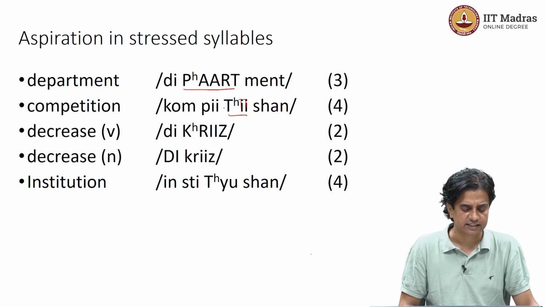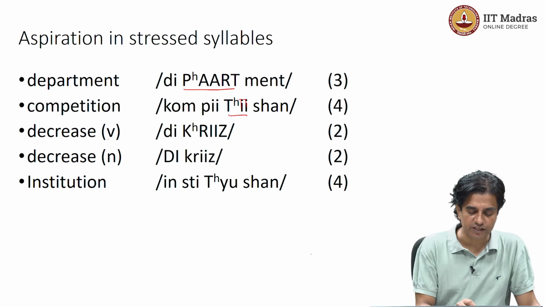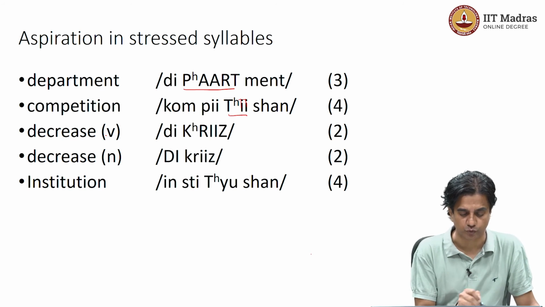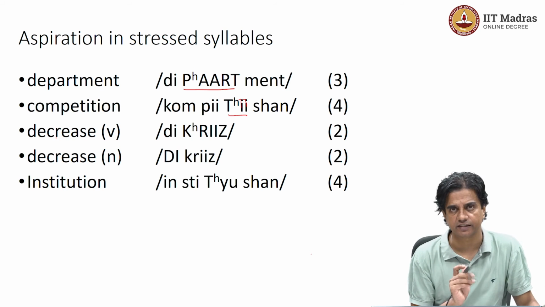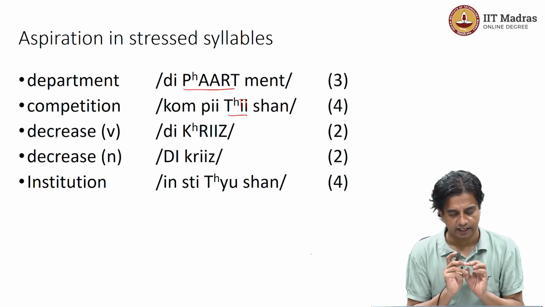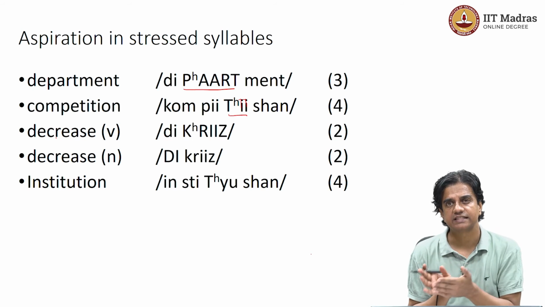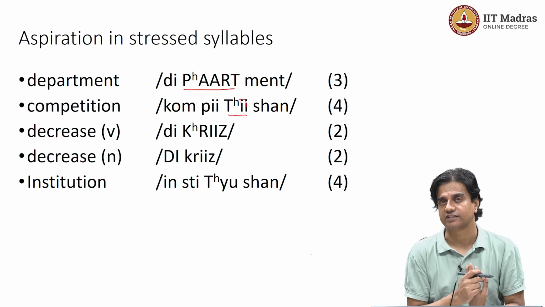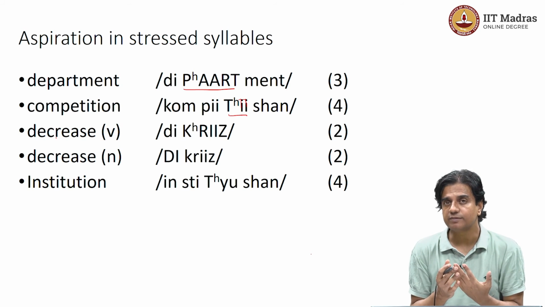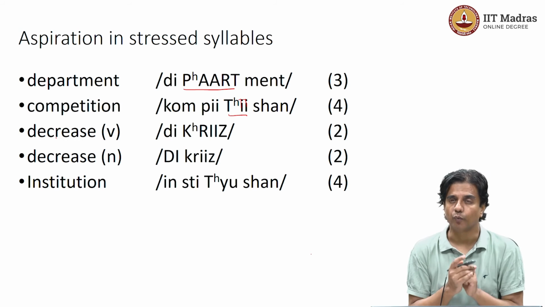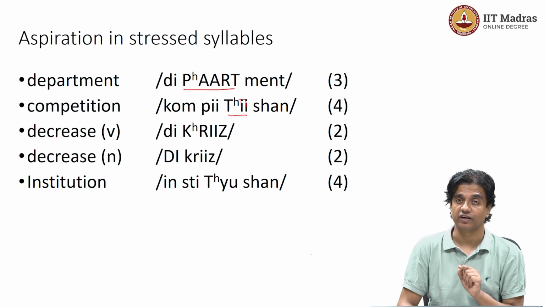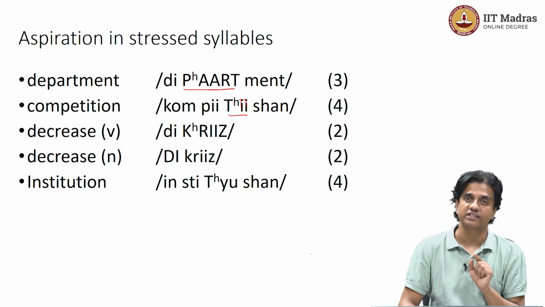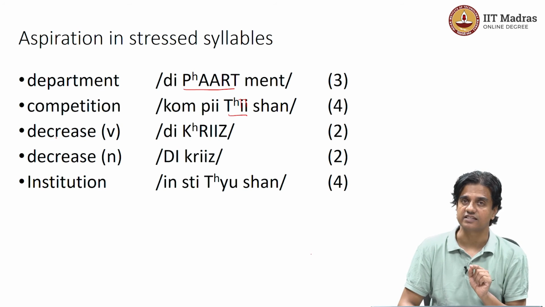The first one is decrease. We know another rule for these two words: this word has two syllables. If it's used as a verb, the second syllable is stressed. If it is used as a noun, the first syllable is stressed. But it becomes important for what we are discussing now. When the second syllable is stressed, when this is used as a verb, then at the initial position of the stressed syllable, we have the ka sound.